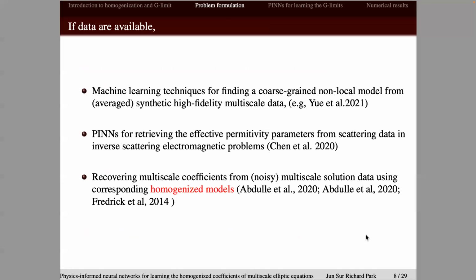If some data are available, there have been a lot of attempts to recover the homogenized or reduced system from high fidelity or multiscale data. I'm not going over all of these methods, but the point is these methods are quite robust, but they require some periodicity of the multiscale coefficient or some explicit form of the multiscale coefficient.